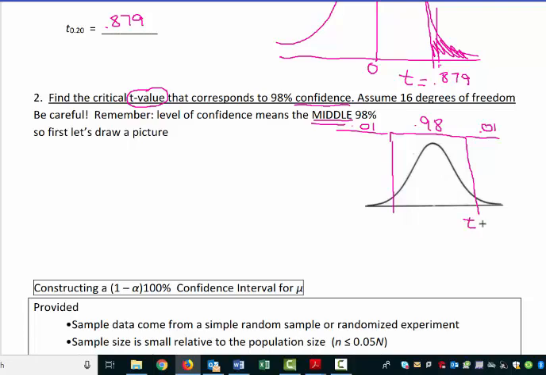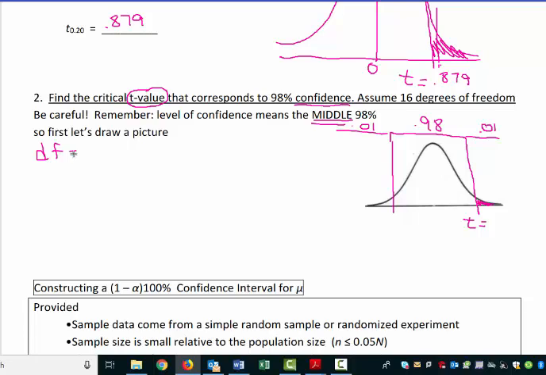I'm going to work off of this one because remember the t-chart reads off of the right. So this is what we have. Okay, so what do we need to read? We need to have degrees of freedom, which they have given us.